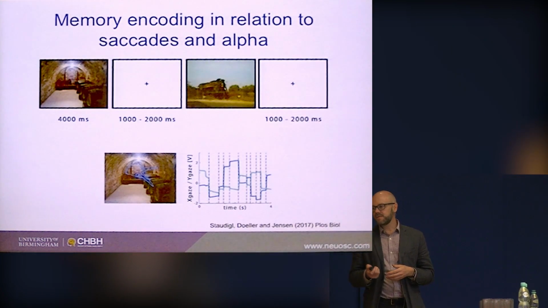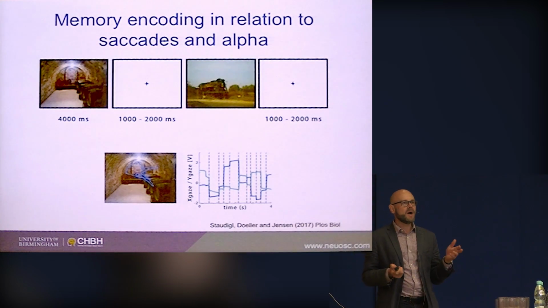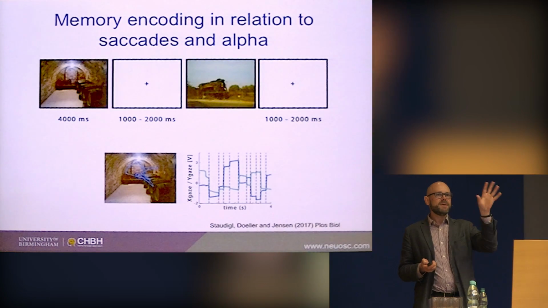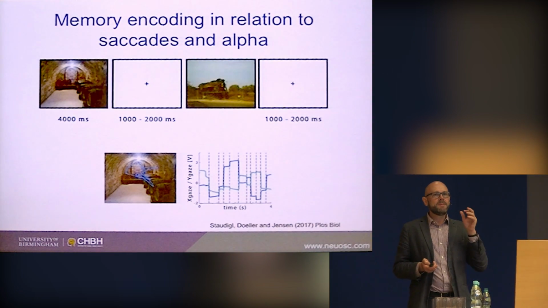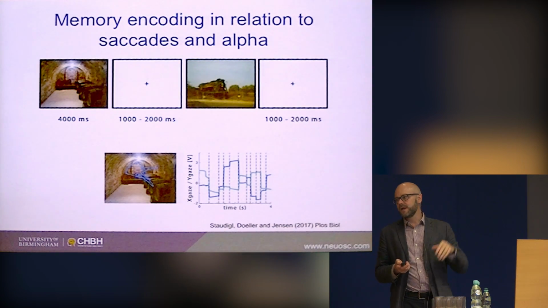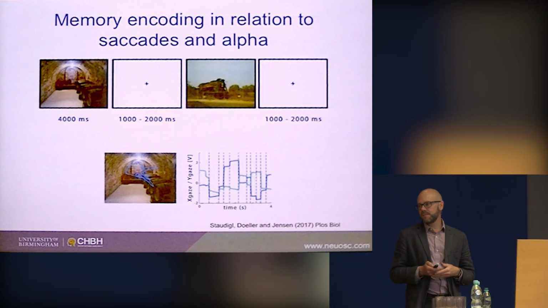And simply what we did was to ask people to attend to different pictures being presented, but we, in this case, allowed subjects just to saccade as much as they wanted to each item.